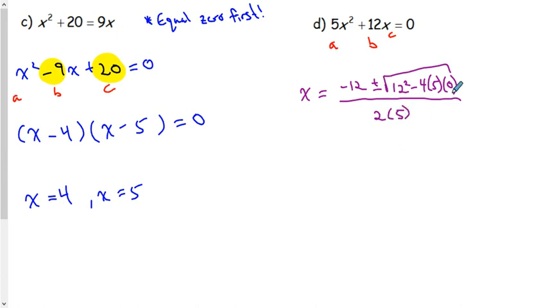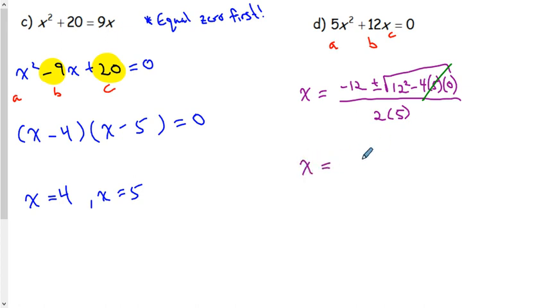Okay, well since c is 0, I'm going to get rid of this whole term here, because 0 multiplies through that term and we end up with nothing. So we're going to end up with the square root of 12 squared. That's actually going to work out kind of nicely for us. Let's continue.